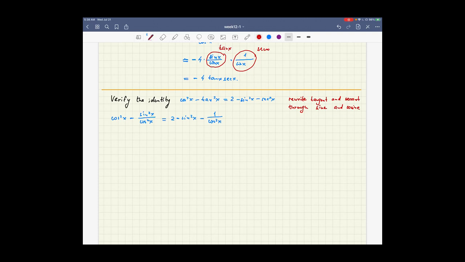Let's clear the denominators. Of course, we assume here that cosine is not 0. So if we multiply through by the denominator cosine squared x, we get cosine to the fourth power of x minus sine squared equals 2 cosine squared minus sine squared cosine squared minus 1.